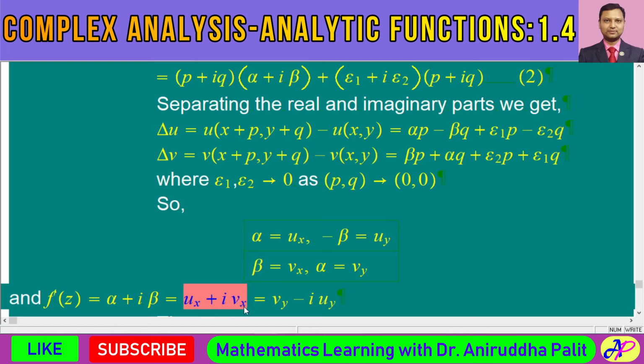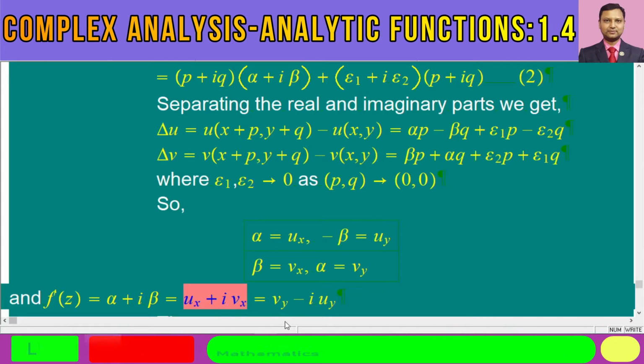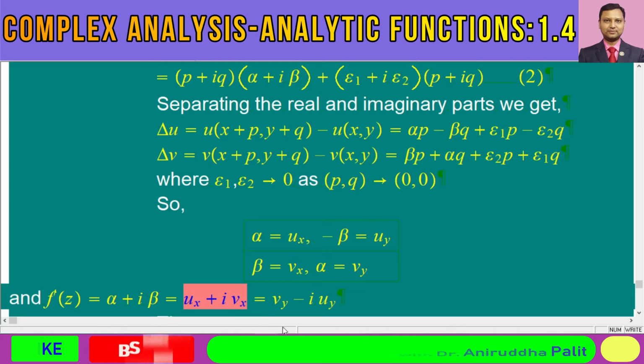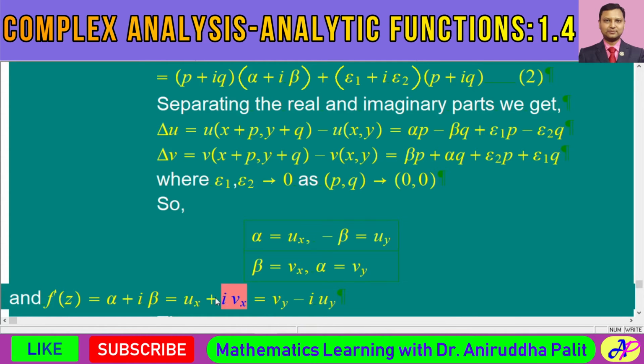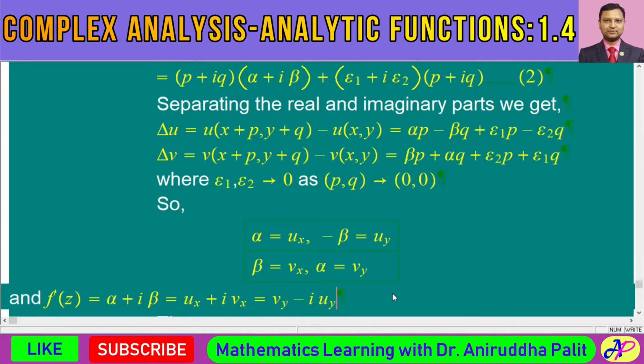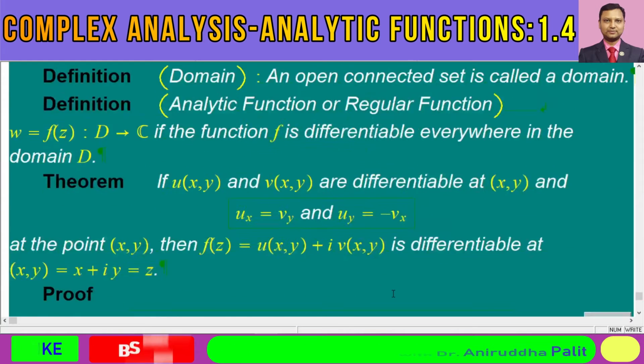So over here, we can say that f dash z is actually ux plus i into vx. This is an expression in terms of the partial derivative with respect to x, and this is an expression in terms of the partial derivative with respect to y.